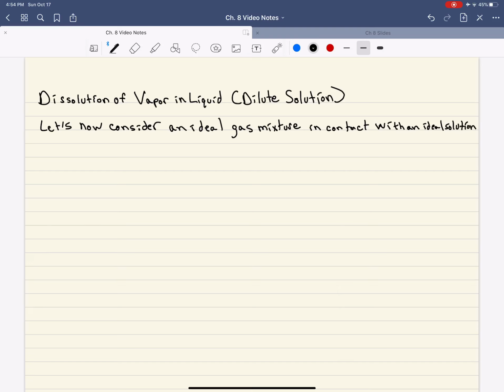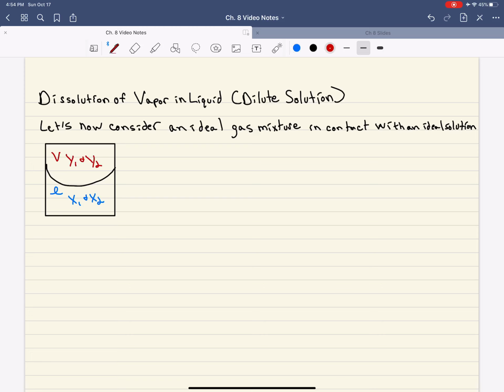Picture this: we just have vapor and liquid phases in contact with one another, where the liquid phase has components 1 and 2, and the vapor phase has Y1 and Y2 mole fractions.